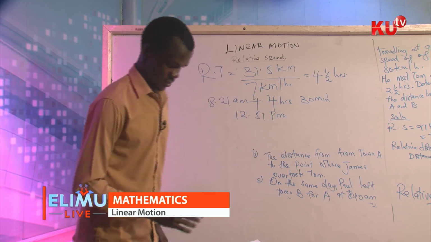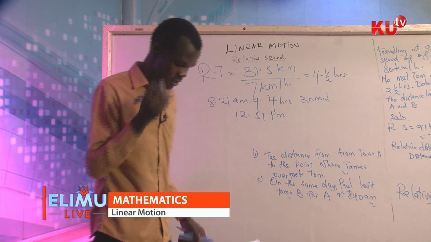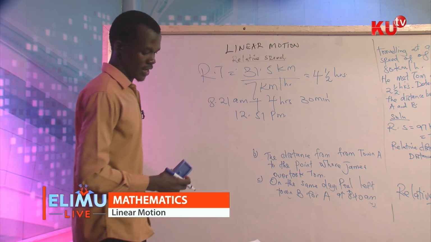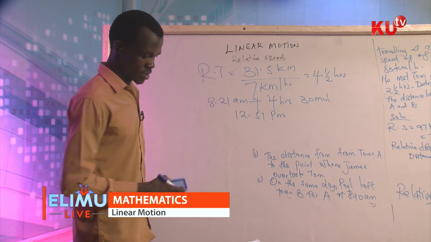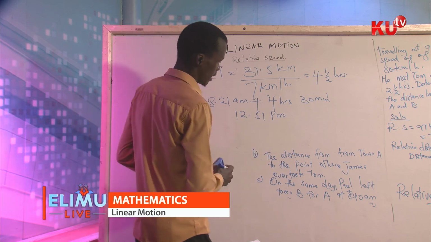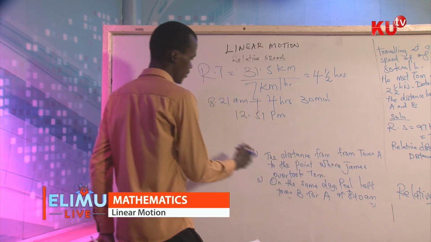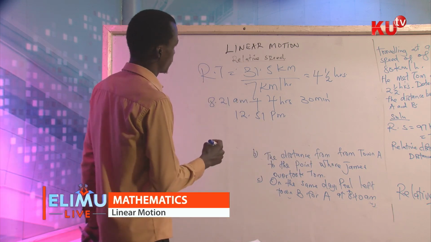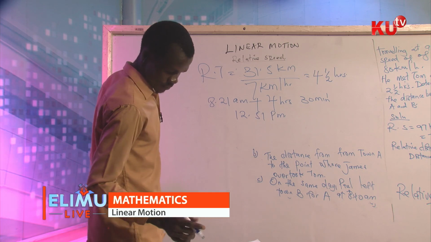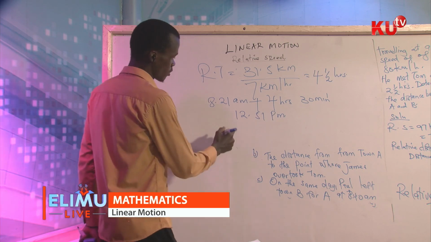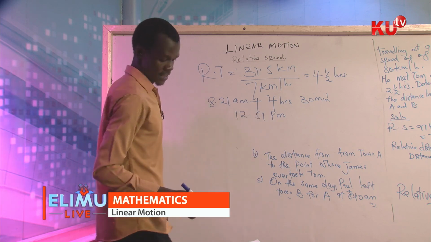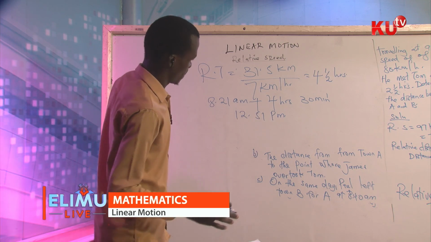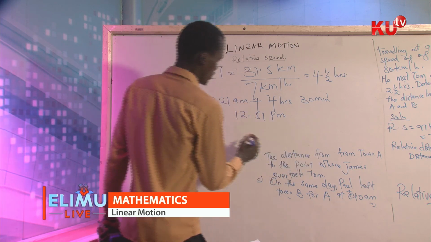Part B, the distance from town A to the point where James overtook Tom. We will find the distance covered by James.